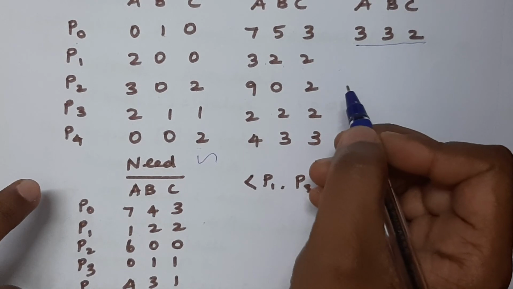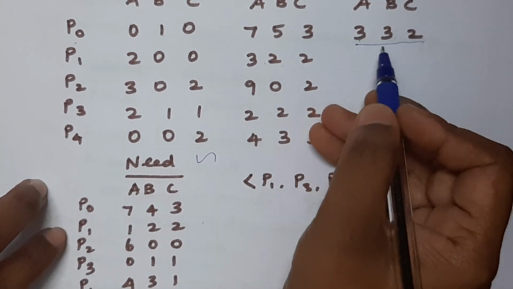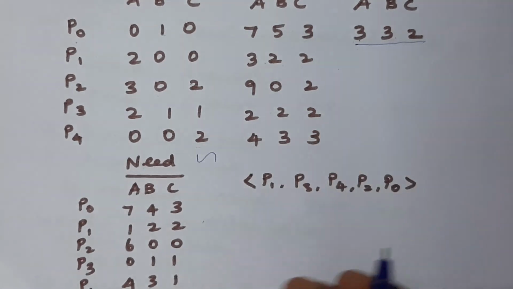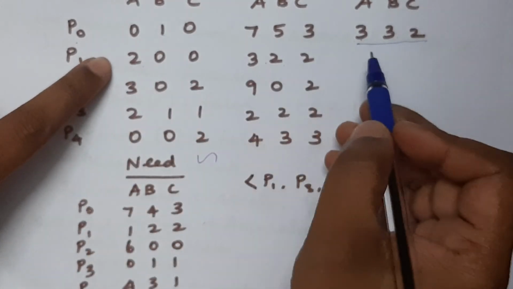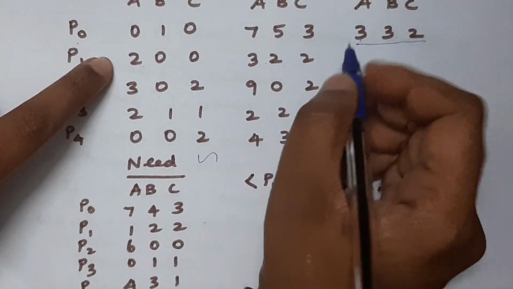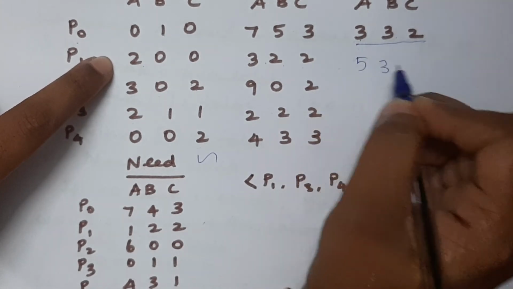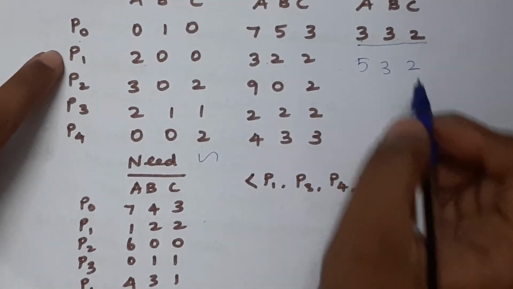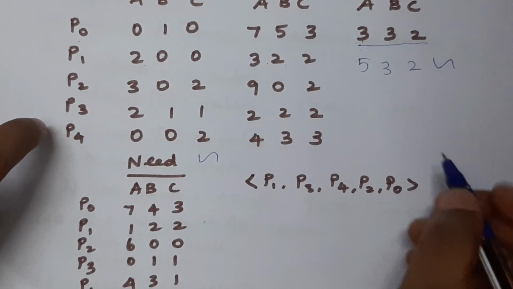So this will be added with the available resources, isn't it? I mean, we have to add this allocation value with the available resources. So if you add that, we will be getting 5, 3, 2 for the P1 process, and we have completed the P1 process. Okay, and the next process is P3.